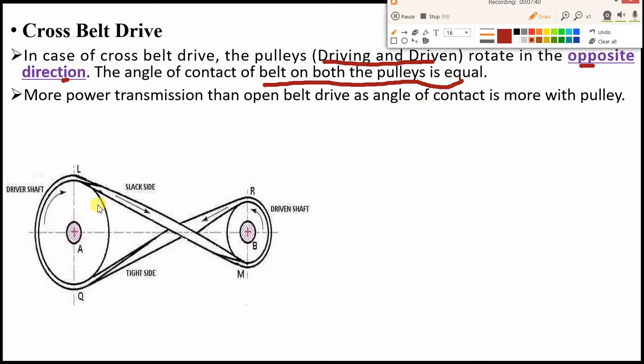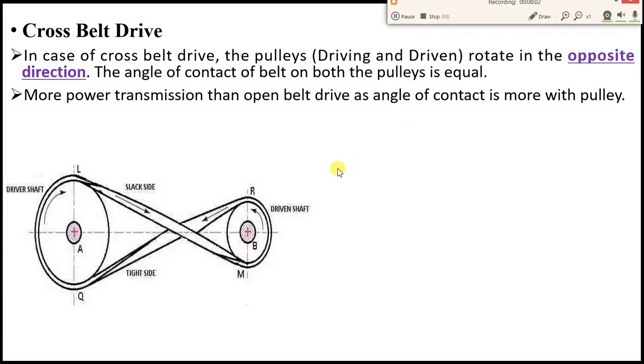And if you see, the angle of contact of belt and pulley is more on both pulleys than open belt drive. If you compare the angle of contact, up to this point angle of contact is there, up to this point angle of contact is there in case of cross belt drive.